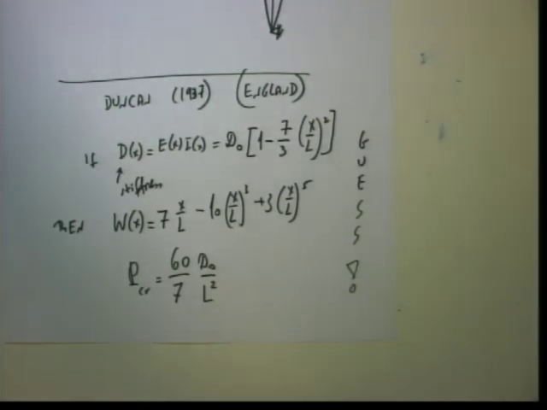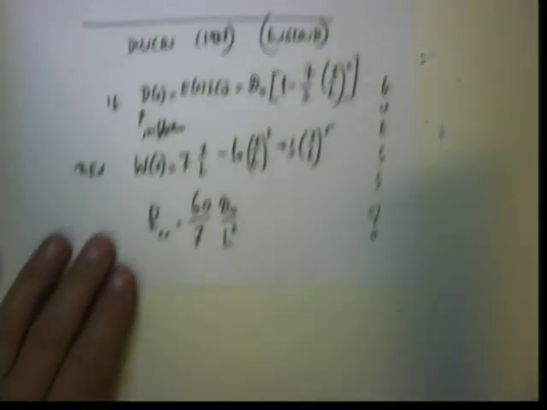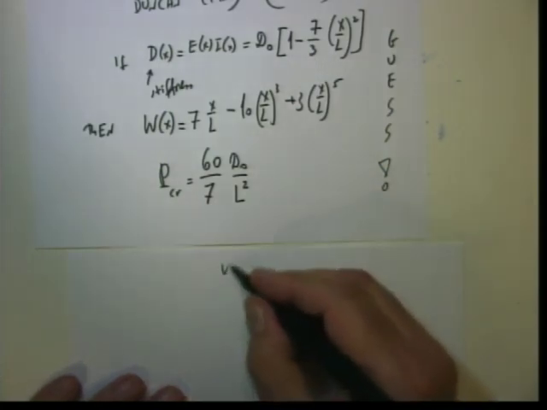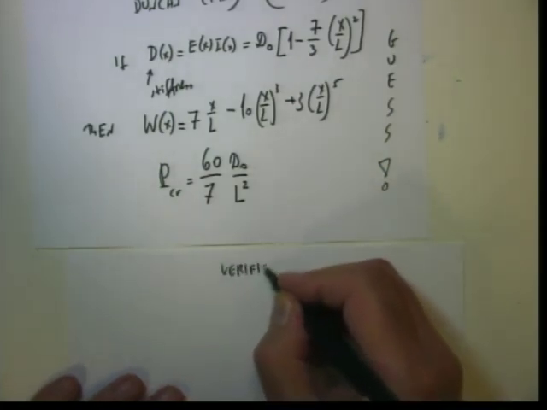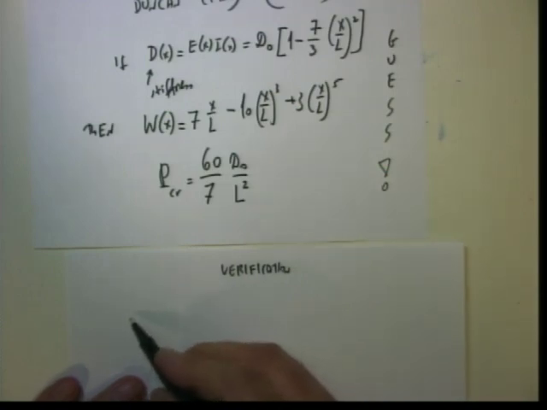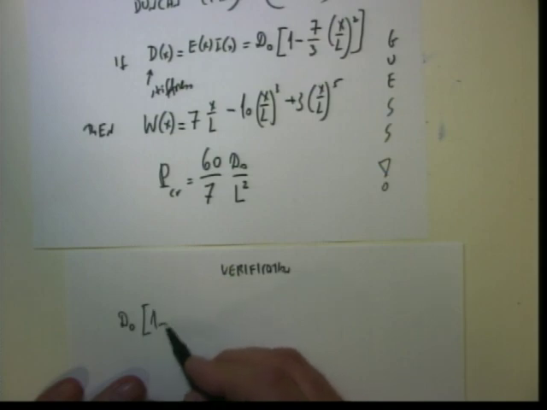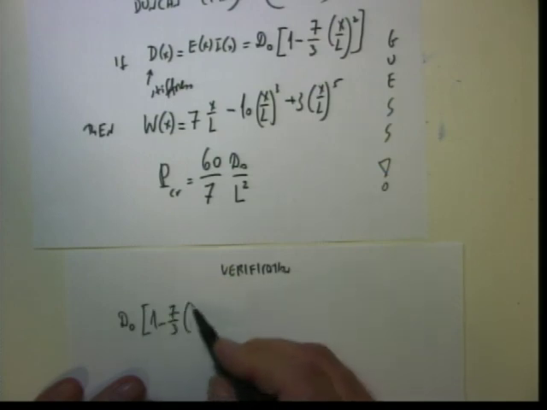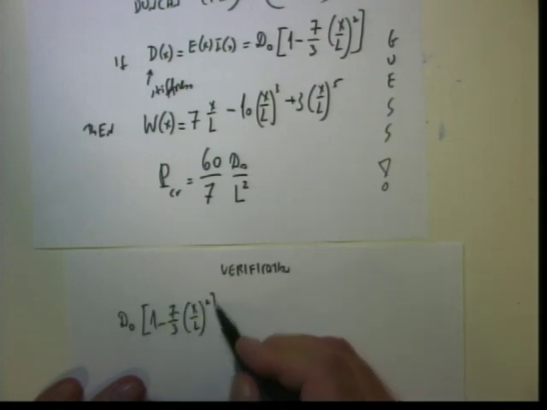Okay. Do you want us to verify this? Let us verify. So we have this d sub 0 times (1 minus 7/3 x over L) squared.